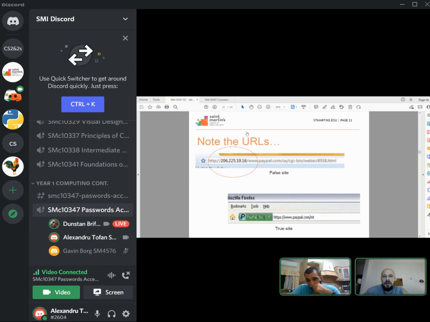Irrespective of what is written here, this is the one which counts, even if here it says PayPal. That's irrelevant. This is the first part, which is the one which matters the most. So, in other words, this was a fake site.